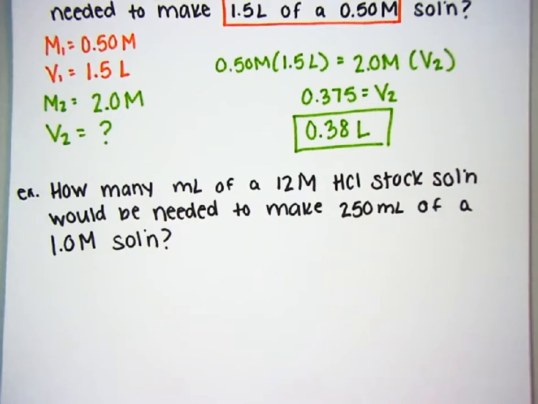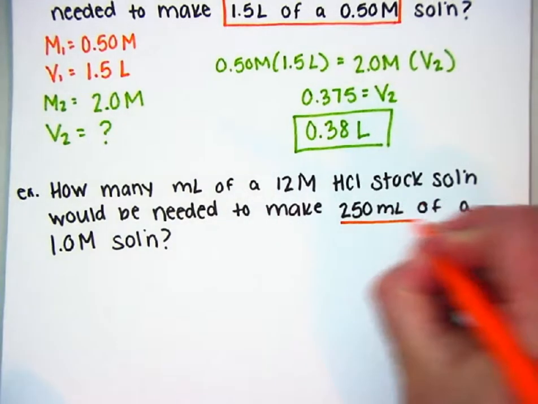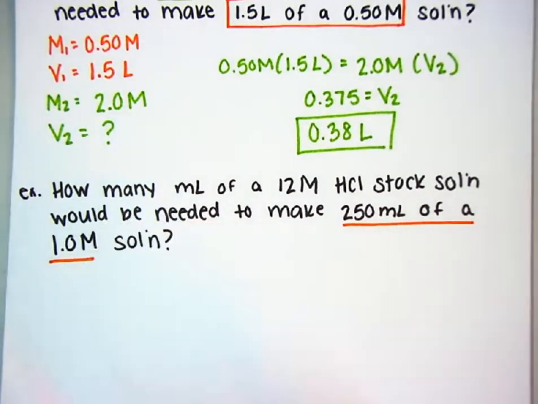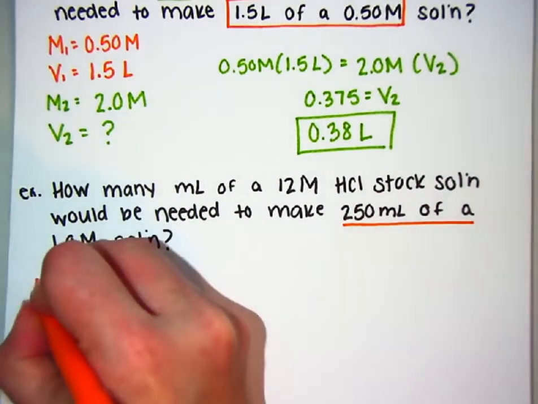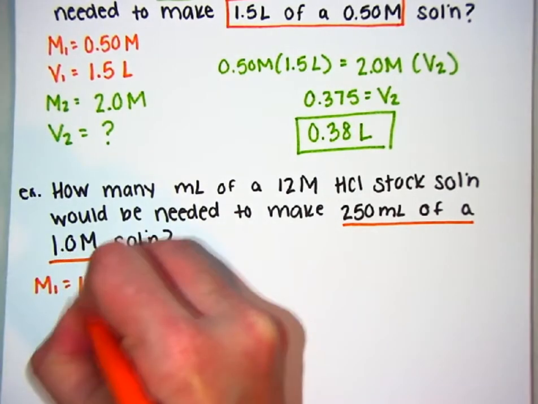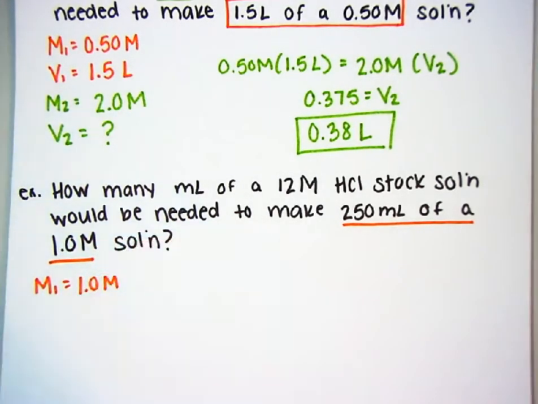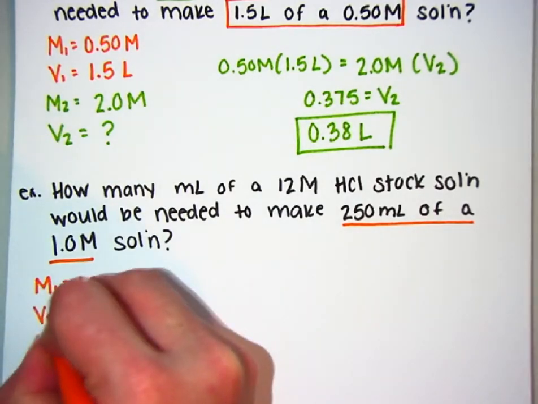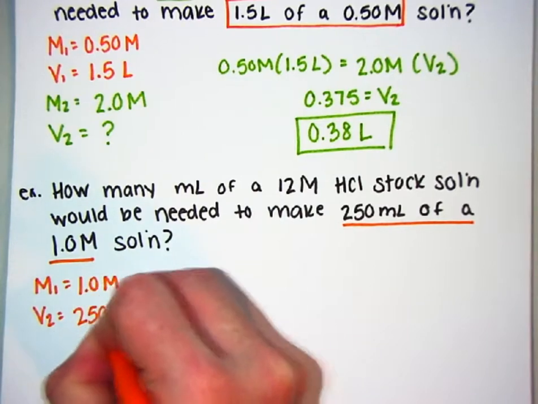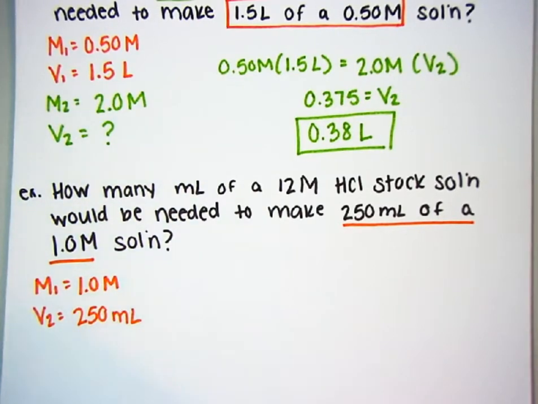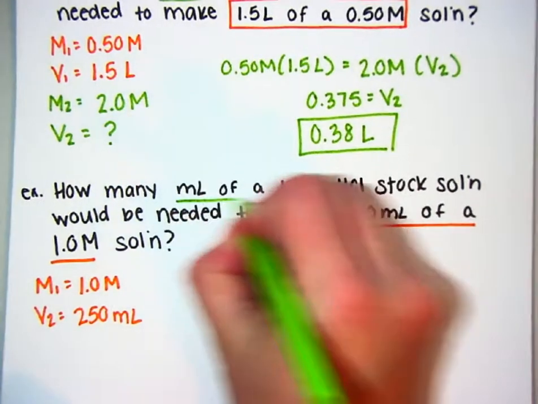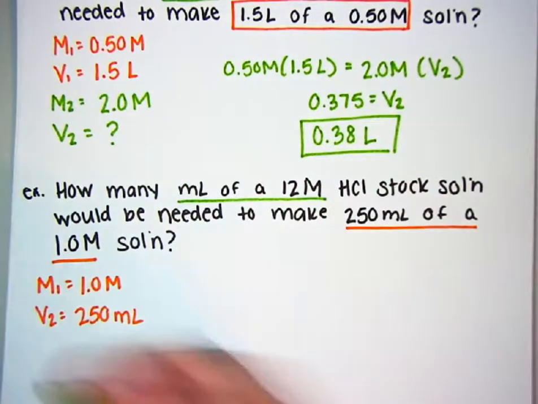So let's start by defining our variables. Remember, "of a" is your key, that volume and molarity goes together. So I have 250 milliliters of a 1 molar solution. Those two values go together. Again, it does not matter if you make them M1V1 or M2V2, as long as they're on the same side of the equation. Milliliters of a 12 molar solution.